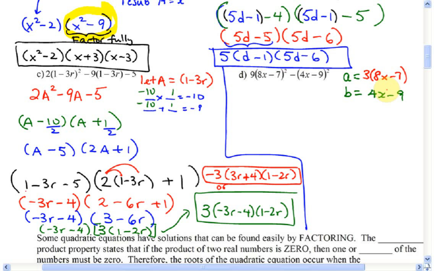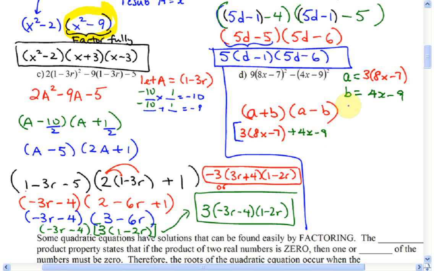Okay. And now, since you identified A and B, just plug it into the formula of A plus B times A minus B. Get ready for some bracket action. Here we go. A is 3 bracket 8x minus 7 plus B, which is 4x minus 9.